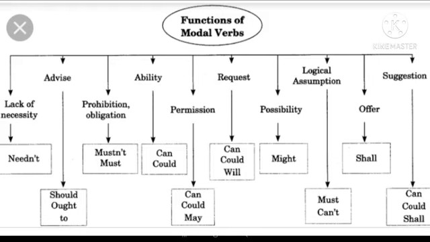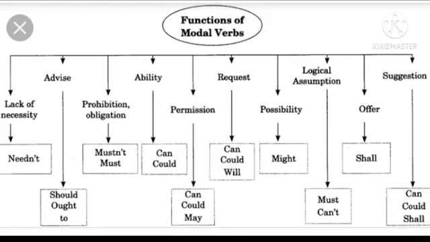Here you can see a simple chart that is showing the functions of almost all the modal verbs. In order to show the lack of necessity, we can use needn't. In order to show necessity, we can use need. Then for advice, we use should and ought to.